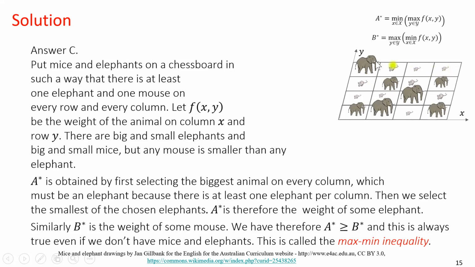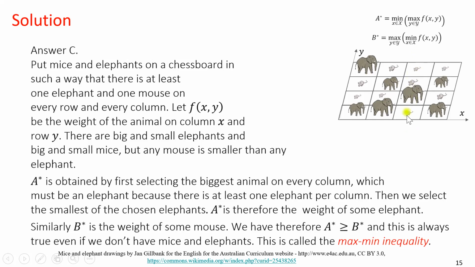Assume, to simplify the story, that on every column there is at least one animal of each type, and the same on any row here. So what do I do when I compute A star? I maximize over y. So y is this coordinate here. So what do I do when I maximize over y? That means I pick an x, for example, this one, x equals 3 in this case, and I maximize over y.